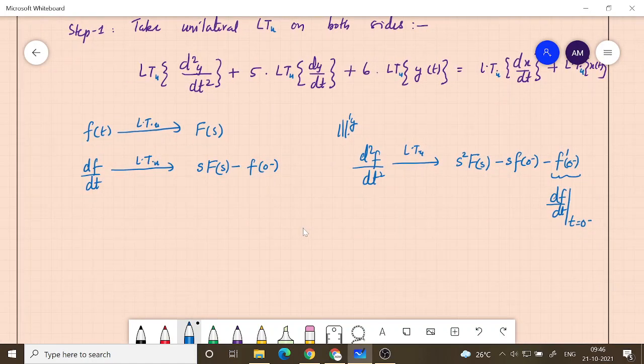Now let's substitute this result. The first term is s square, and since it is small y, when we take the Laplace transform we will have capital Y of s, then minus s into y of 0 minus, then minus y dash of 0 minus.